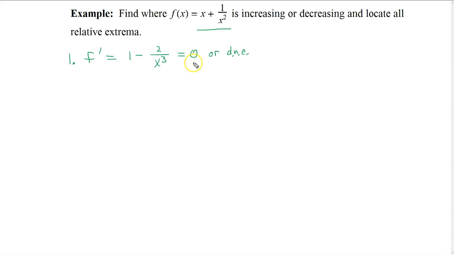So first of all, setting this equal to 0, let's see. Well, we can sort of just look at this and see it's going to be where x cubed is equal to 2, right? So x is going to be the cube root of 2. If you didn't see that right away, just take this over to the other side.